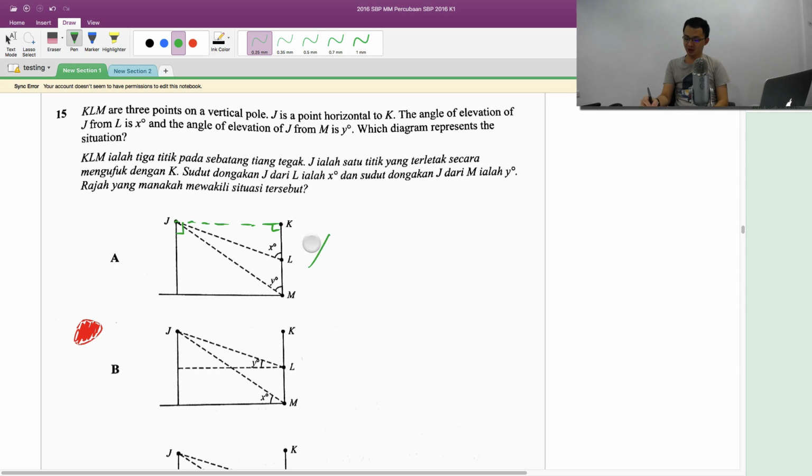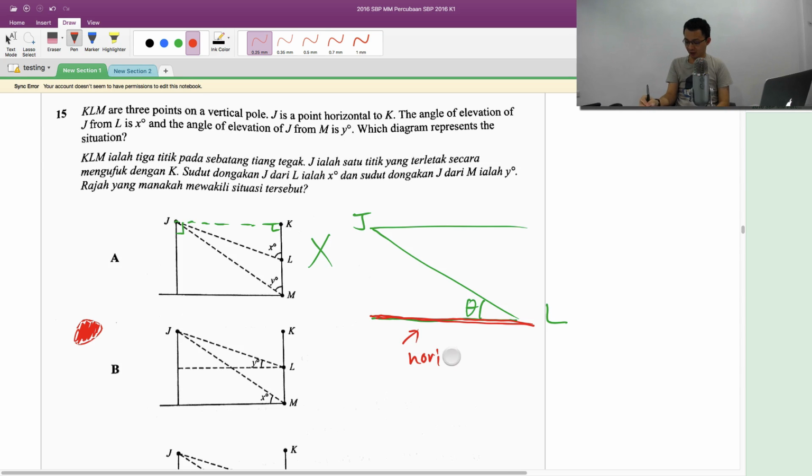J from L, this is wrong, because if this is J and this is L, the angle of elevation should be here. The angle of elevation is always with the horizontal line. This one we call the horizontal line.